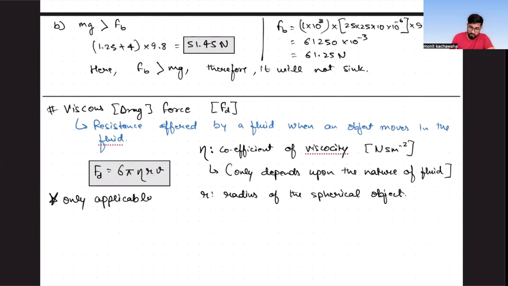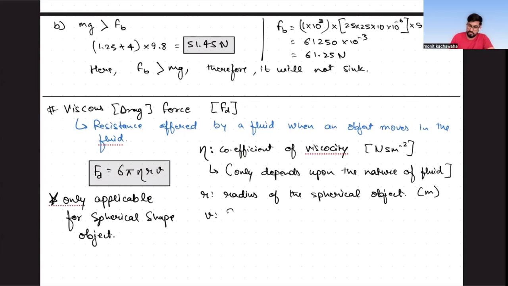It is only applicable for spherical shaped objects. And that is why r denotes the radius of that in meters. So it's only going to be spherical shaped objects that will be in the fluids in our example.